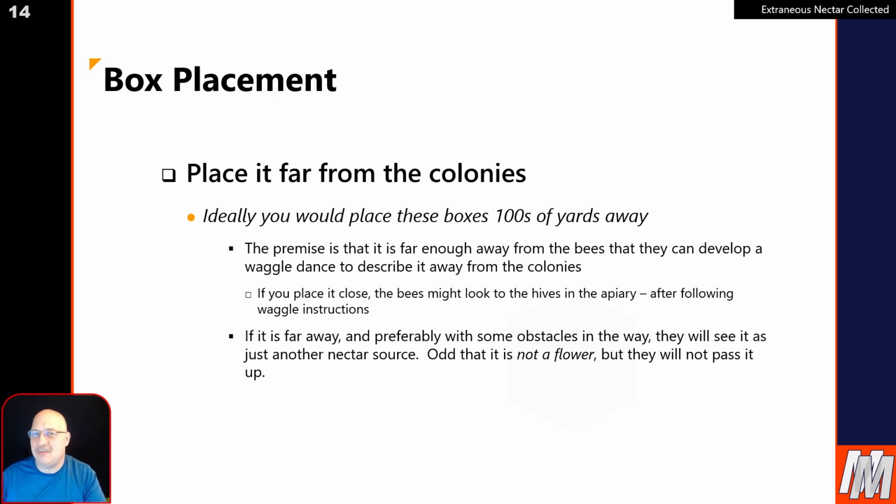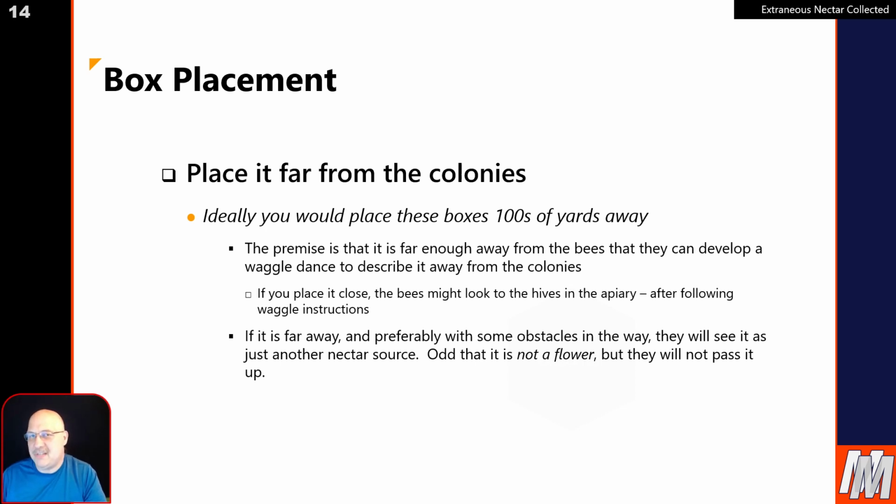Ideally, it will be hundreds of yards away, or at least someplace where there's a bunch of different items in between the actual colony and the place where you place the boxes. A house, a fence, some cars, big trees.